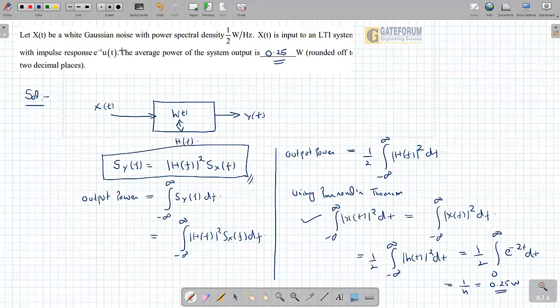It would be difficult if you start solving the integral of e to the power minus t u(t) via frequency transformation, 1 upon 1 plus omega squared. That becomes difficult. Instead, if we make use of Parseval's theorem, we can solve it easily. So the answer for this is 0.25. That's the end of the question from communication system.